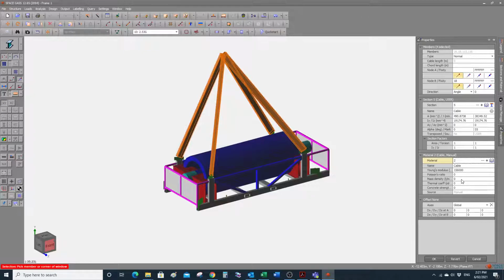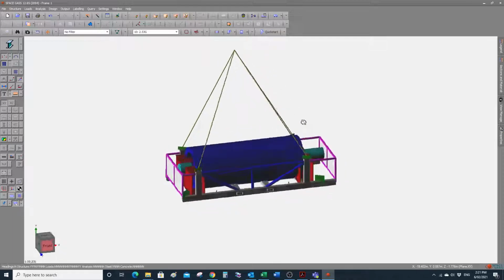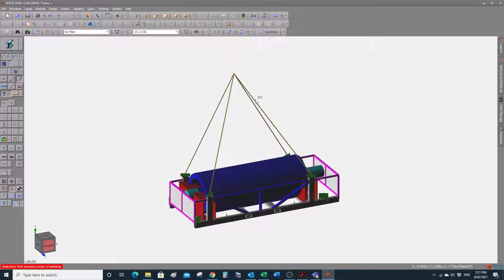also zero mass, which is very important to have zero mass for cables because we don't want the COG of the lifted item be affected by the weight of the slings. Another important thing is that the slings should only demonstrate axial force.